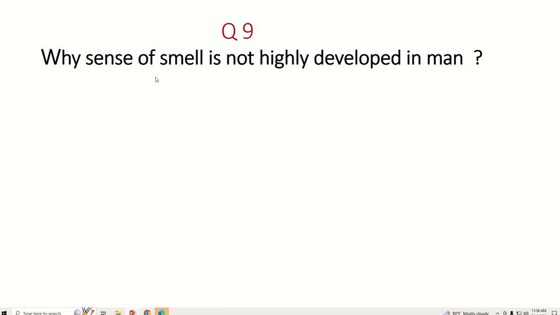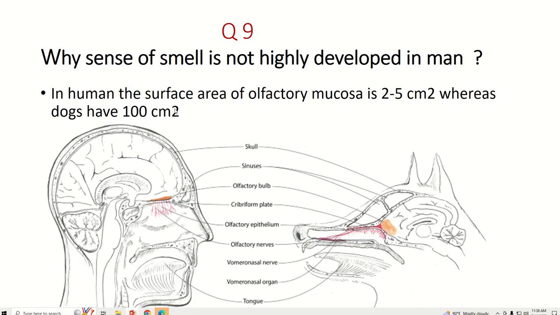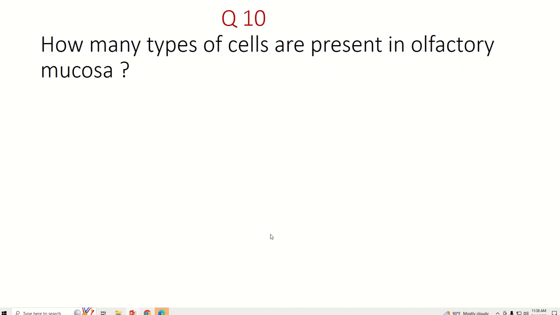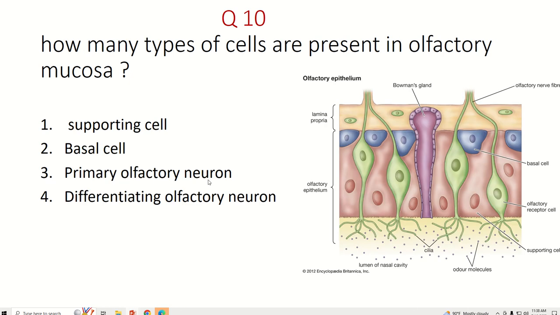Why is the sense of smell not highly developed in humans? In humans, the surface area of the olfactory mucosa is 2 to 5 square centimeters, whereas the dog has 100 square centimeters. How many types of cells are present in the olfactory mucosa?